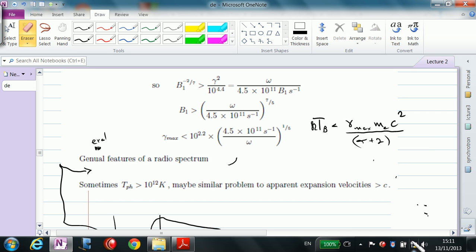And let's say they knew the redshift of the host galaxy. They didn't know the brightness temperature, but if they guessed the size, the brightness temperature is a function of size.